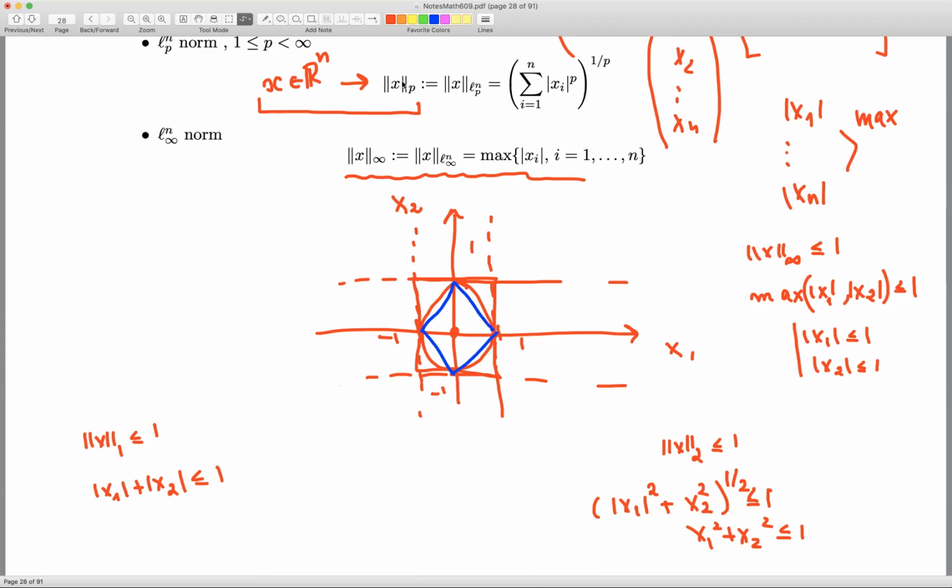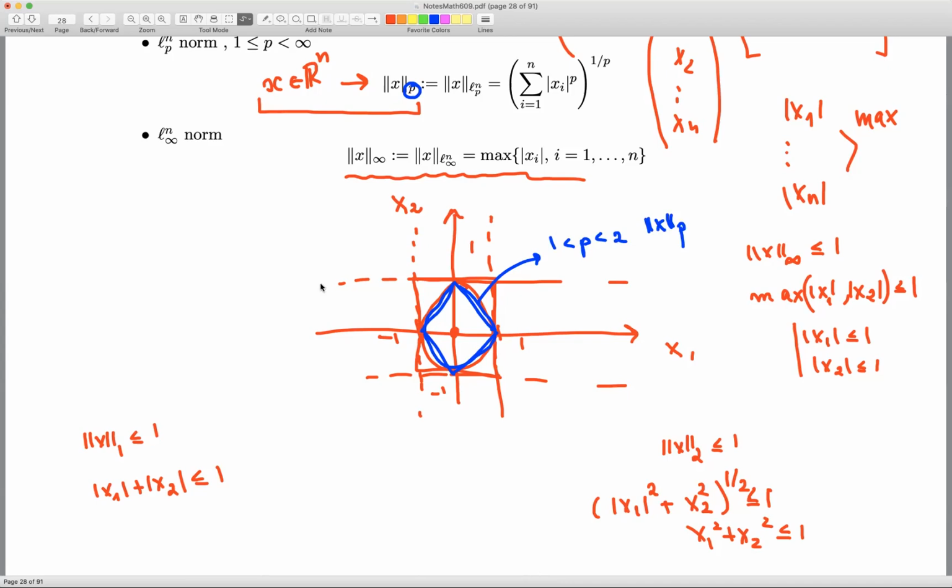If you look at the p norm for p between 1 and 2, the unit ball is bigger than the L1 ball, a convex body that contains this diamond but is contained in the circle. So this is the unit ball for p between 1 and 2 for the Lp norm of x.